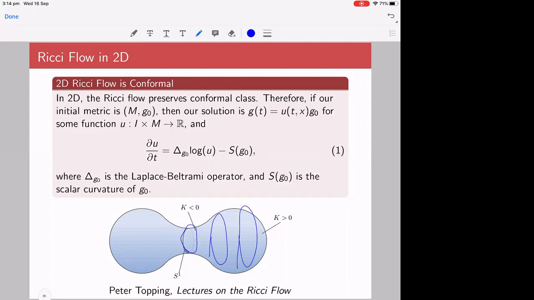Now, in 2 dimensions, the Ricci curvature, the Riemann curvature, and the scalar curvature are all essentially the same thing, and they're basically the same as the Gaussian curvature. And so again, like we saw before, in areas where the Gaussian curvature is positive, we expect some shrinking to occur. In areas where the Gaussian curvature is negative, we would expect expansion to occur.